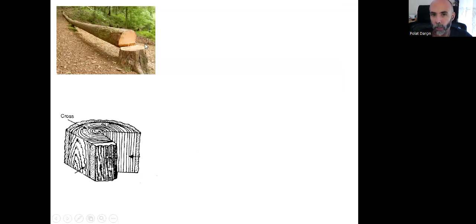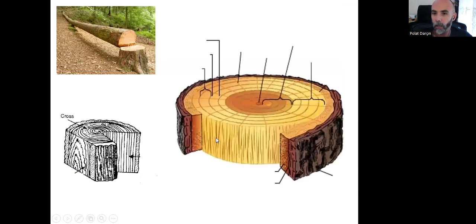And as we cut the tree trunk like that, it's the cross section, and there are certain parts here, like these growth rings. Each year, as the sap descends down and is deposited behind the bark, a new ring is being formed, and that's how they calculate how old the tree is by counting these growth rings.